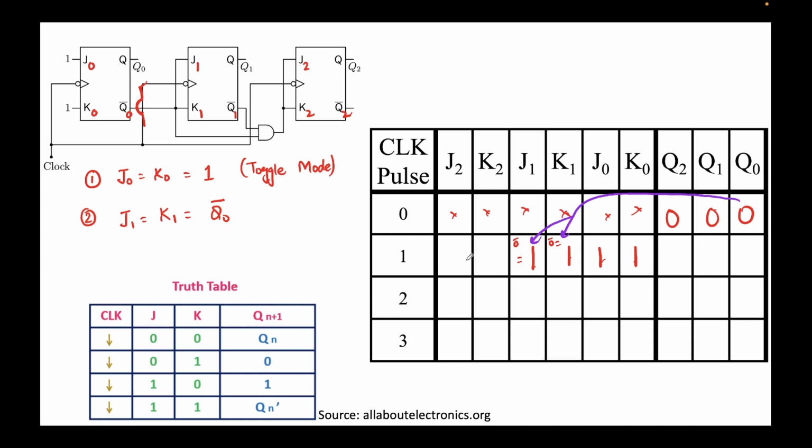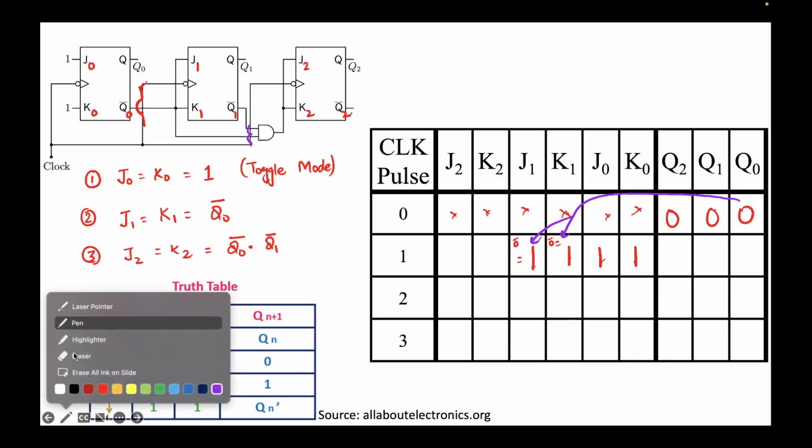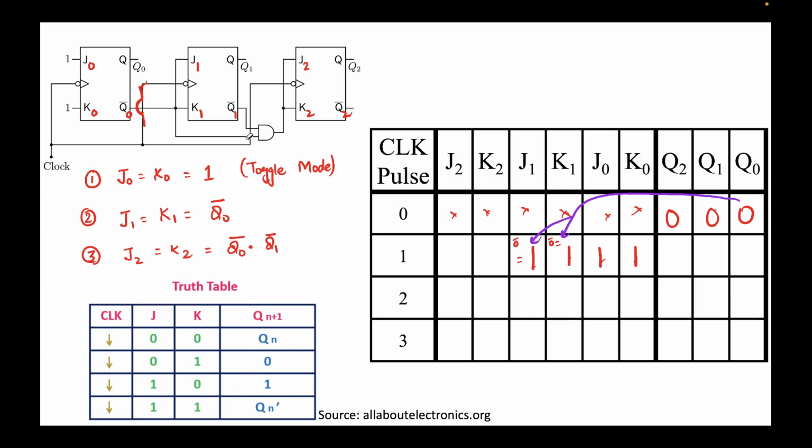So now we just need to obtain J2 and K2. Again, this is not a short, this is like this. So J2 and K2, first of all, are the same, and they are coming from the output of this AND gate, and this AND gate has Q1 bar, and the second input is Q0 bar.